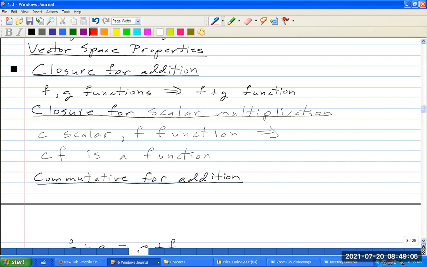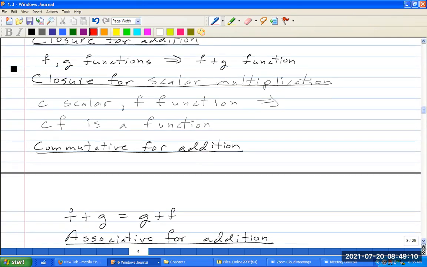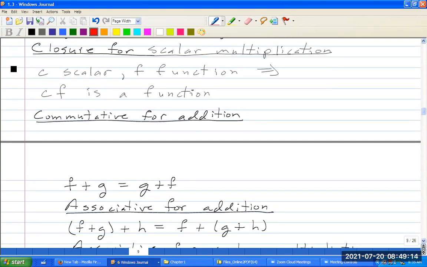First, the closure property for addition, just like before. If f and g are functions, then f plus g is a function. The closure property for scalar multiplication. So in this case, our two operations will only be the addition of two functions and the scalar multiplication.